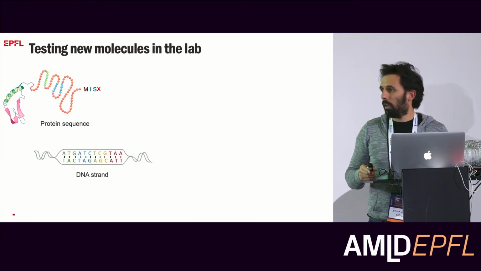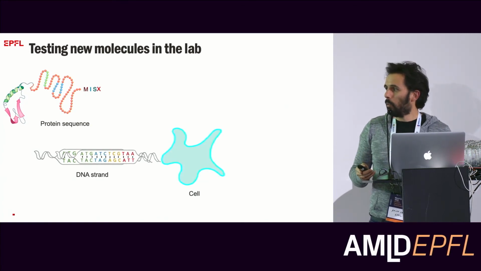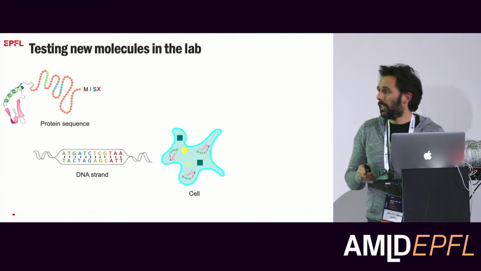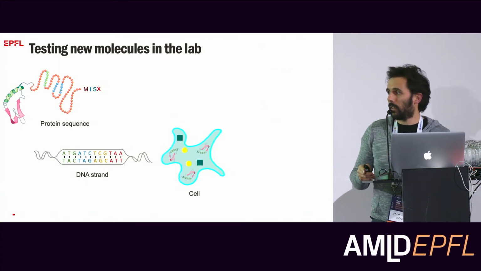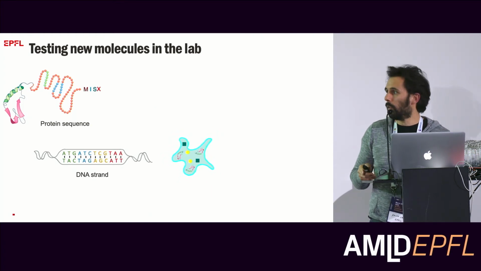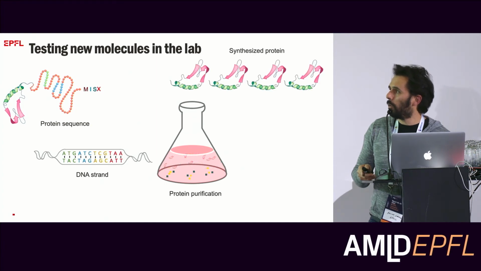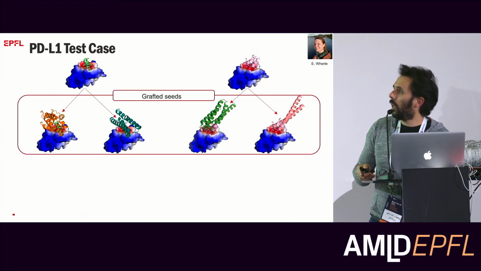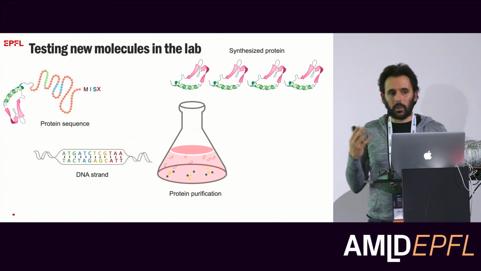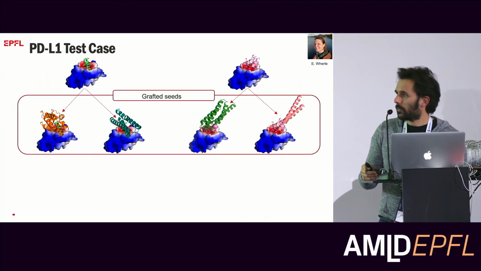Those people over there synthesize the DNA that you're interested in, which codes for your protein. When you receive it back here in Lausanne, you put it into a cell, and those cells start acting as the factories of your proteins, the ones that you've designed in the computer. Then there are a number of steps in between. You purify your protein of interest, and then you go and test it. That's how the process goes from the in silico generation to actually being able to test something.